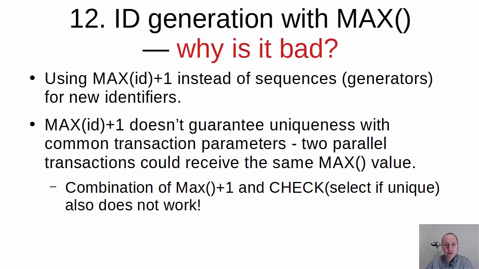If you are using this approach, it does not guarantee that there is no parallel transaction with the same code. As a result, it will see the same max as your transaction, and the max + 1 in two parallel transactions will generate the same value.